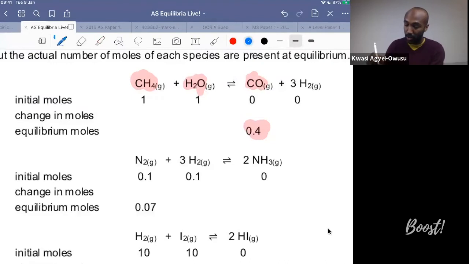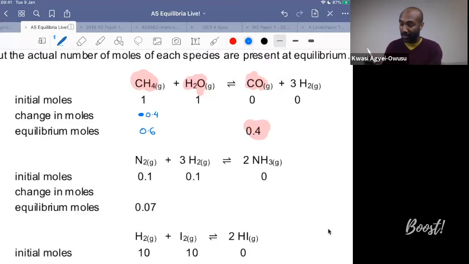So the change in moles is minus 0.4 for our methane, which means that 1 minus 0.4 should be 0.6 moles. So that is a change in moles of our methane, leading to 0.6 moles at equilibrium.